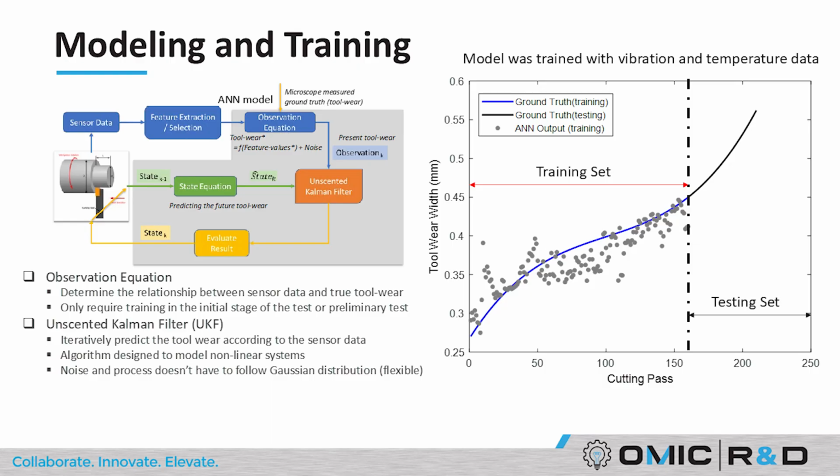And then we stop measuring the ground truth, virtually. Actually, we measure the ground truth over there, but no longer use it with the model, and solely based on the sensor data to make predictions in a secondary stage over here for predicting the tool wear width.